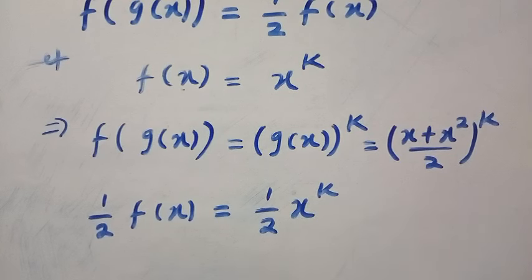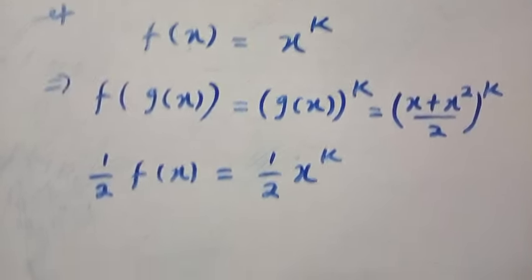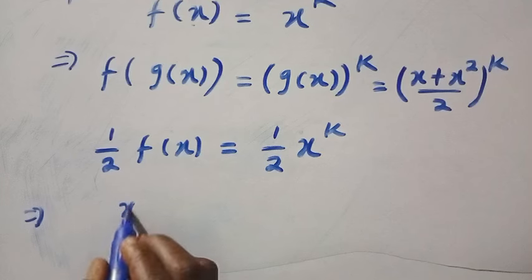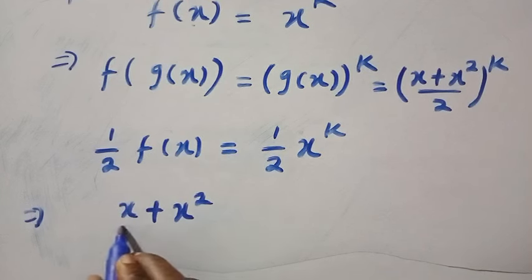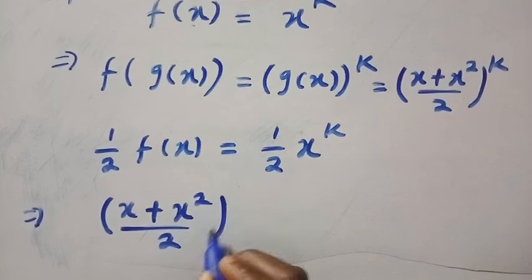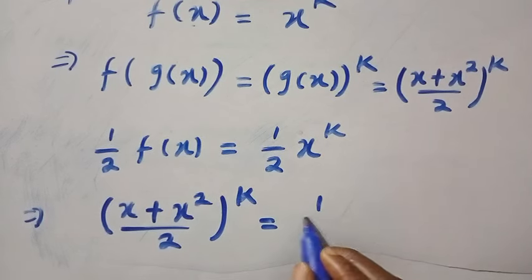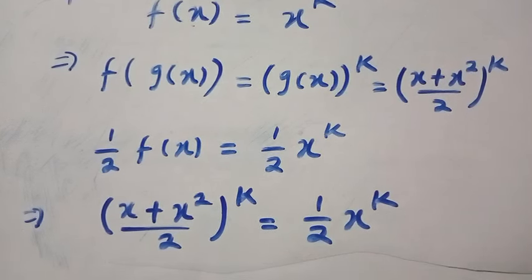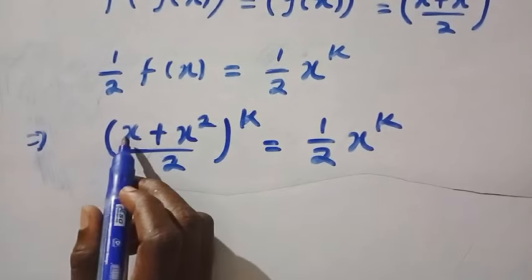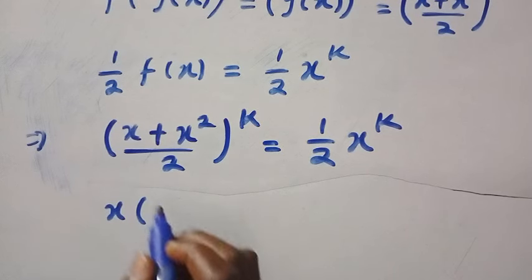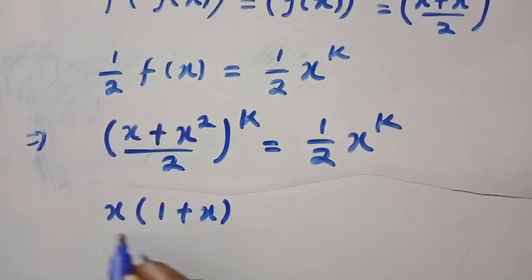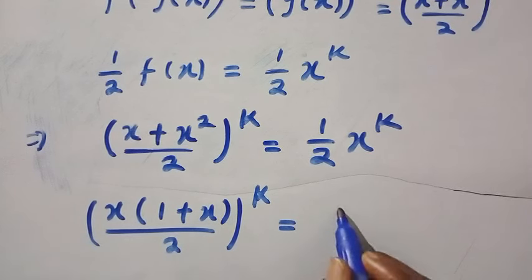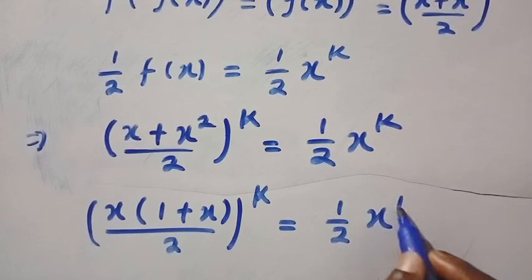By equating these two sides, we have x plus x squared over 2, all raised to the power k, equals 1 over 2 x to the power of k. If I factor out x from here, we have x times 1 plus x divided by 2, all raised to power k, equals 1 over 2 x to the power of k.